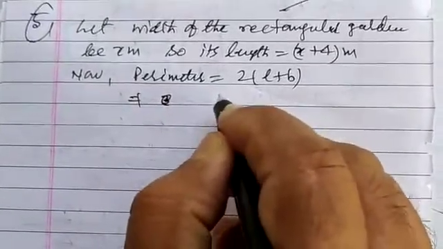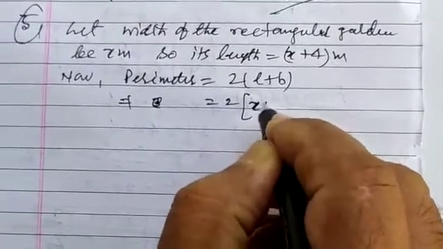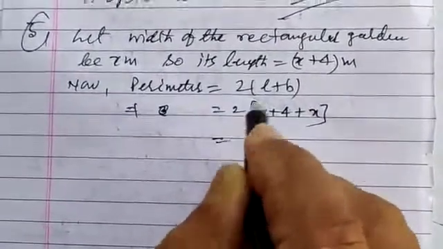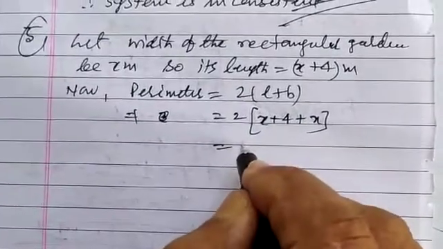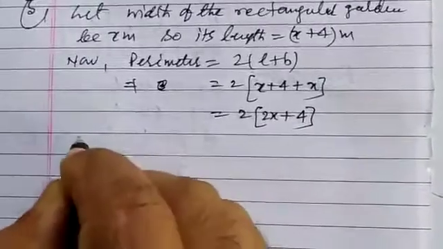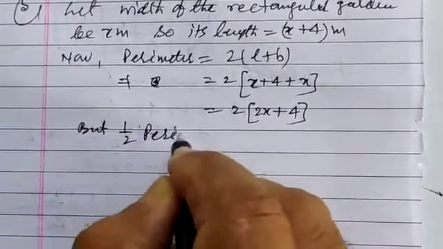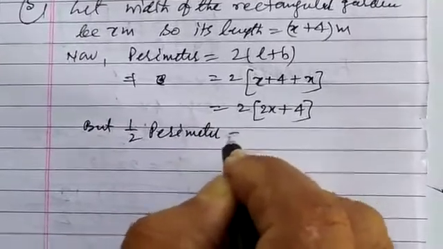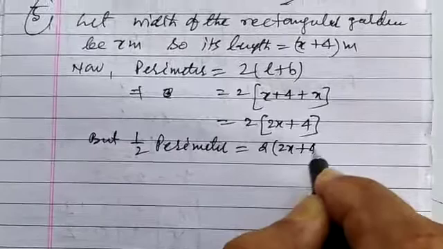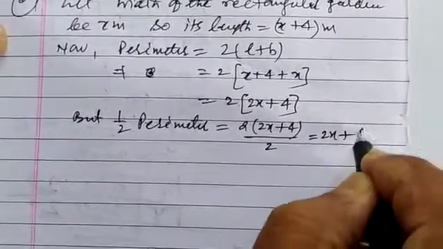Perimeter equals 2 times length x plus 4 plus breadth x, that is 2 times 2x plus 4. But half the perimeter equals twice 2x plus 4 divided by 2. This equals 2x plus 4.